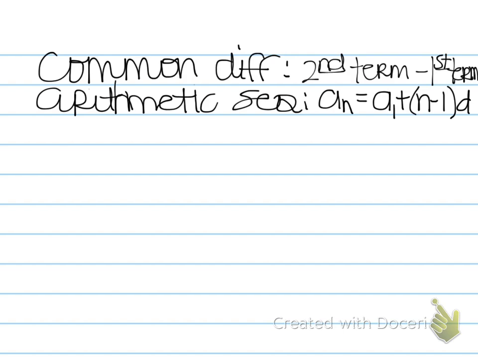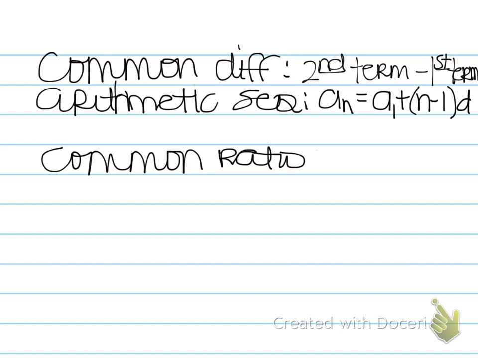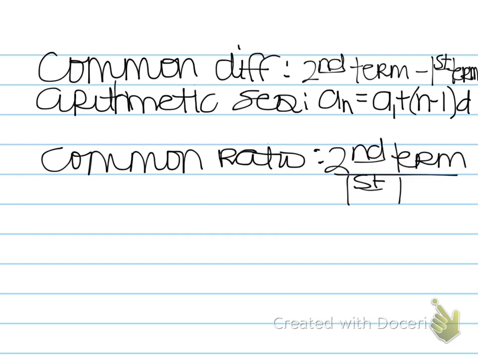Now, yesterday, we learned how to find the common ratio. Who can remind us of how we find the common ratio? Very good. The second term divided by the first term. So it's still the second term and the first term, but for the common ratio, we have to take the second term and divide it by the first term.